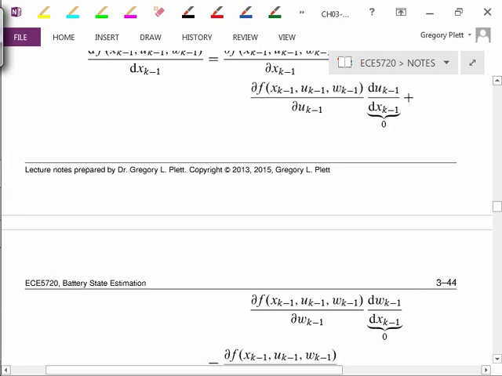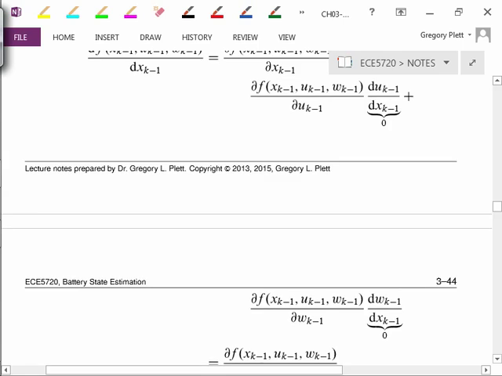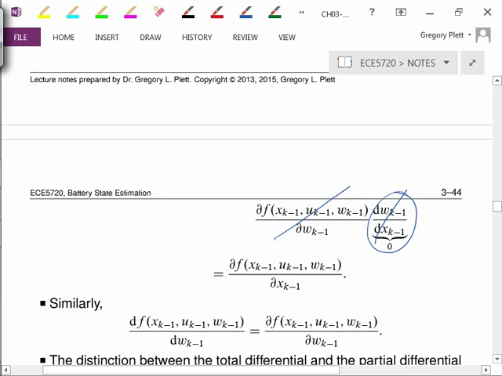So going through, w is this process noise, and we can argue that the state of the system has no impact on the process noise either. It's not a causative impact, so that's 0 and that's 0, so those are wiped out. And in the end, we get df by dx equals partial f by partial x.